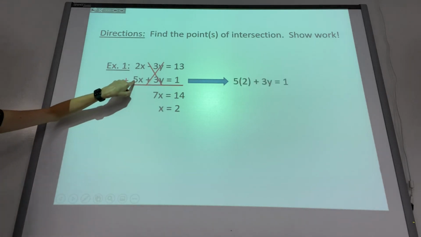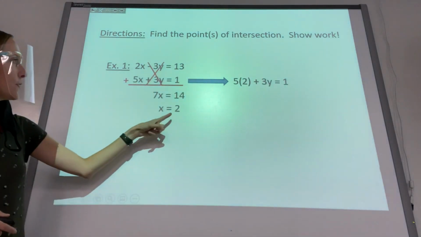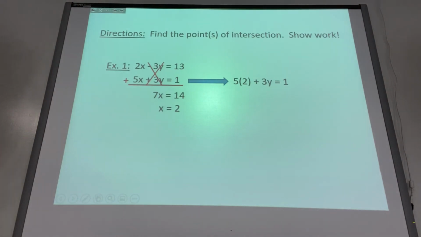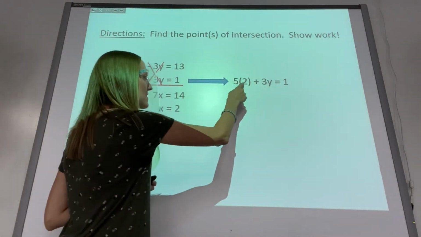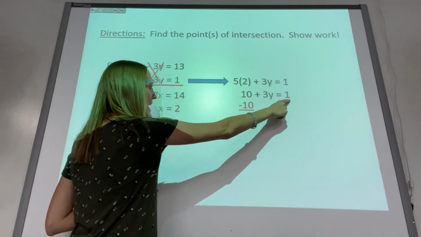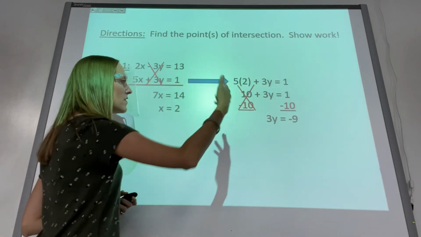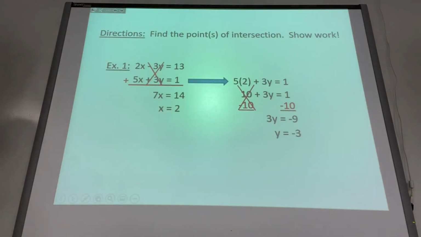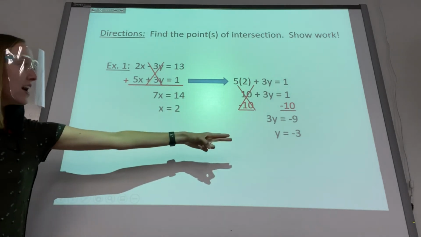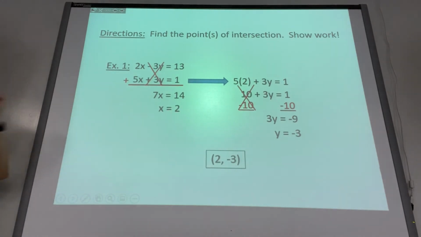So this will be 5 times 2 plus 3y equals 1. Well, 5 times 2 is 10. Subtract the 10. 1 minus 10 is -9. Divide by 3, you get -3. So the point of intersection here is at (2, -3).